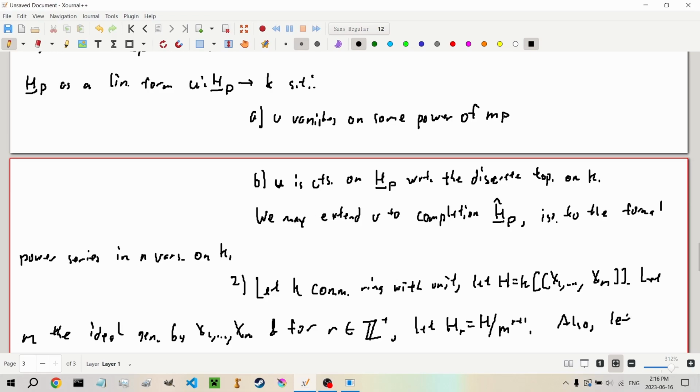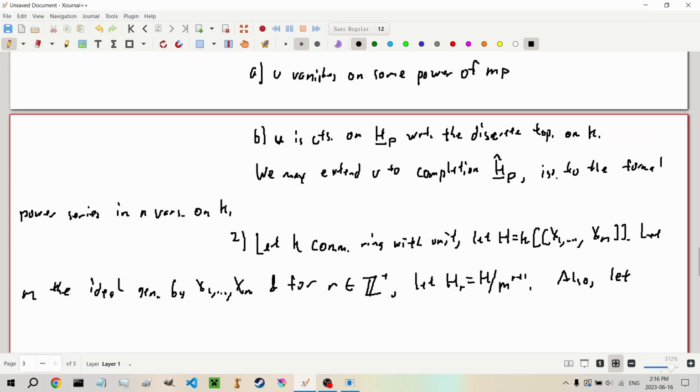Also, we're going to let U_r be the dual of H_r, which is the linear maps from H_r to K.